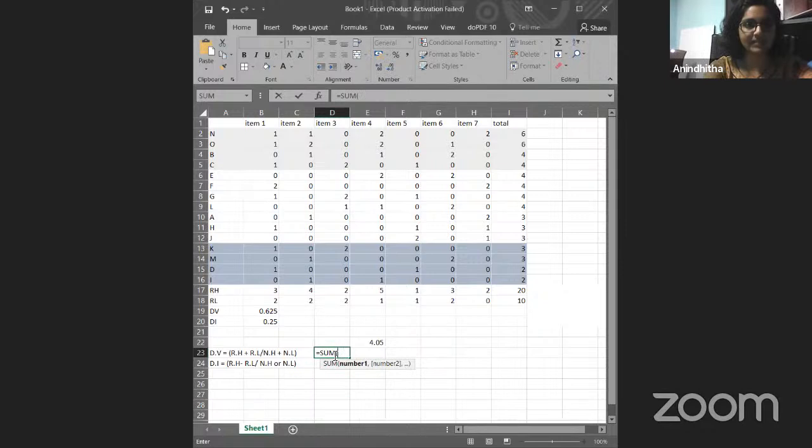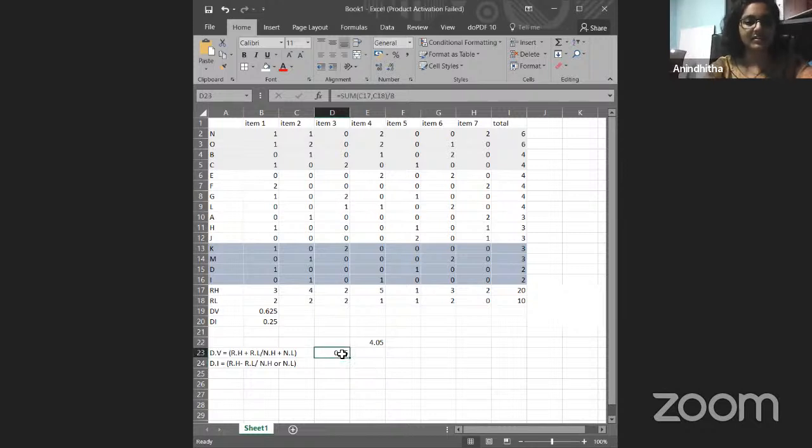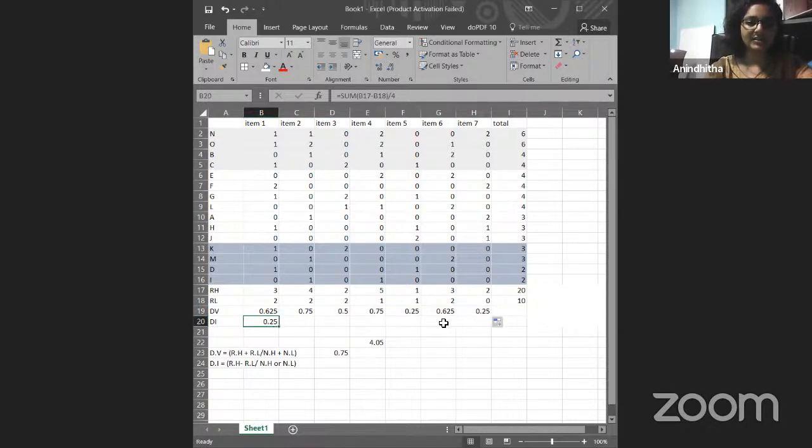Yes, 6 by 8. So we have C17, C18 as our cells, which have the value divided by 8. 0.75, right? Yeah, 0.75. Exactly. So I'm just going to do this very easily for all of us to follow along. I'm just going to extrapolate our first formula into it. So we now have the values of DV for this particular data set.